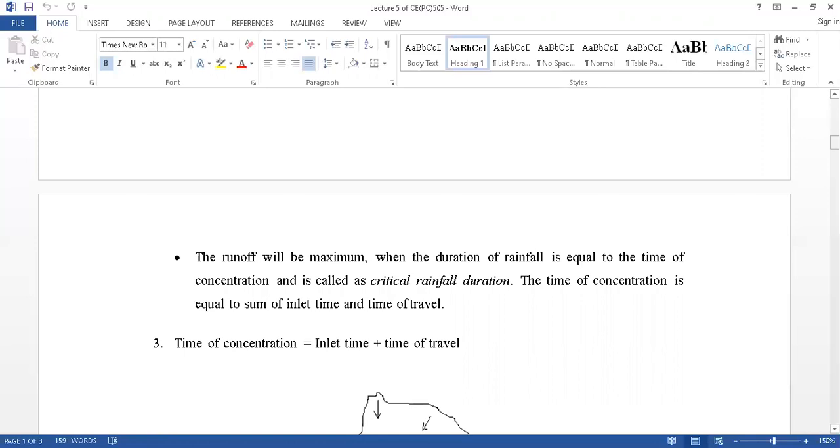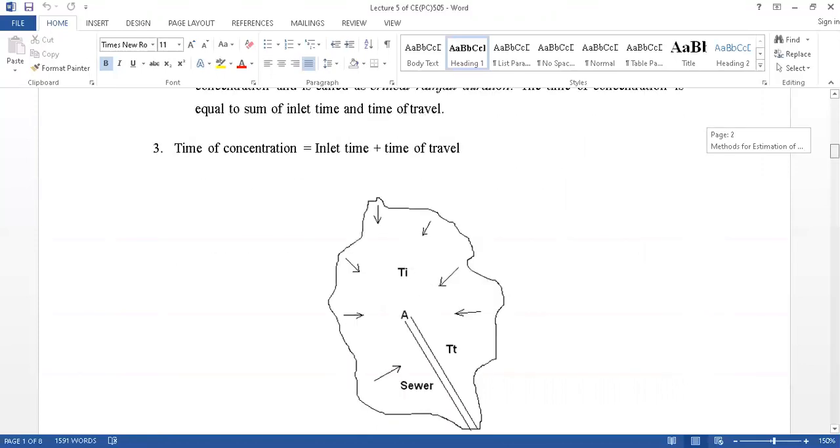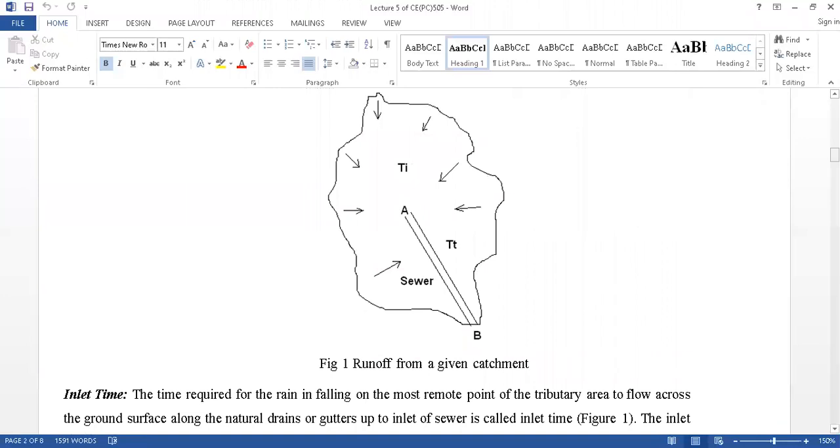Secondly, I am emphasizing the path of the sewer, the time required to travel the whole distance of the sewer, which is called the time of travel. In the figure I have tried to explain the sewer length and remote point. From the remote point to the sewer mouth is one part, and from the sewer mouth to the ultimate outfall of the sewer is called the drain path.